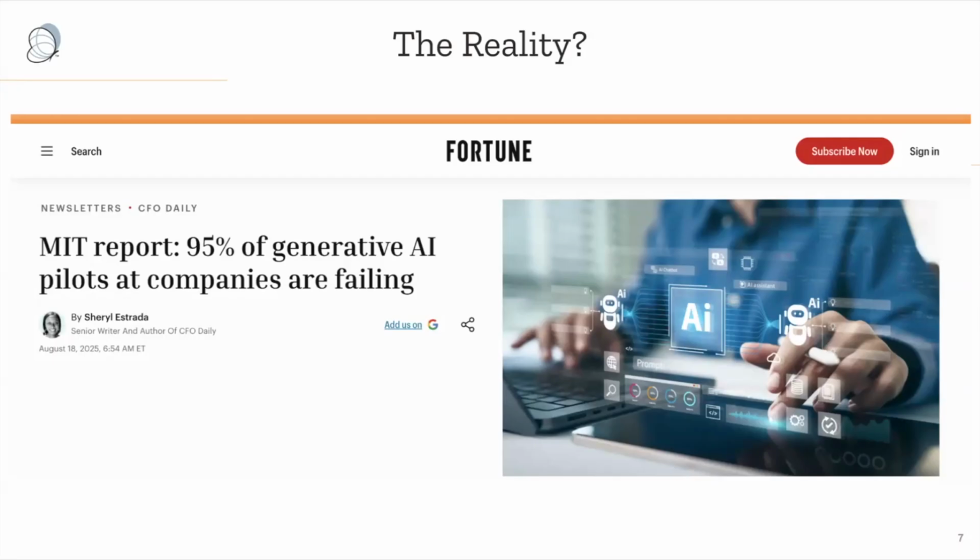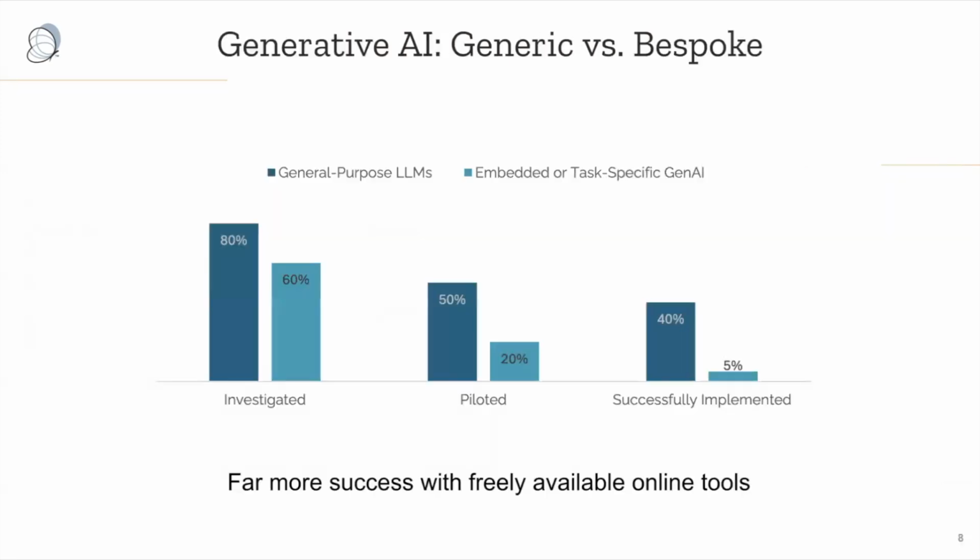So I want to dig into that just a little bit because I think it'll help us see how we might want to think about ROI. There is this very interesting statistic about general purpose LLMs versus bespoke agentic or generative AI systems. If you look at companies that have either investigated or piloted or successfully implemented, you can see two things.